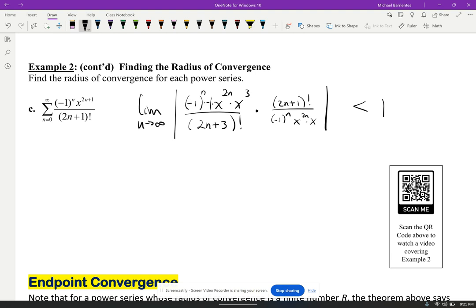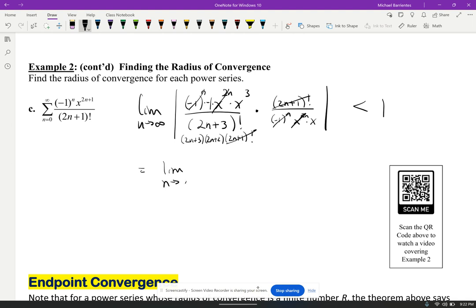Can I reduce anything? Well, yes, I can reduce this and this. I can reduce this and this. I'm still left with a negative. And even here, remember that 2n plus 3 factorial is 2n plus 3 times 2n plus 2 times 2n plus 1 and forever. So therefore, these are going to reduce out. So what am I left with?